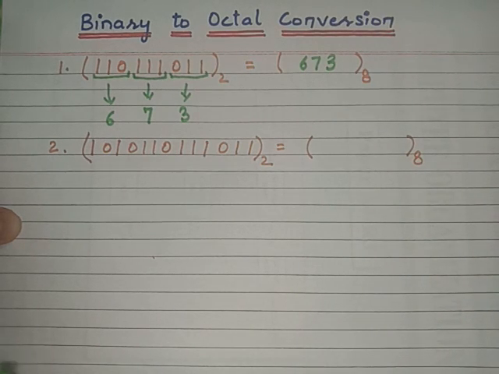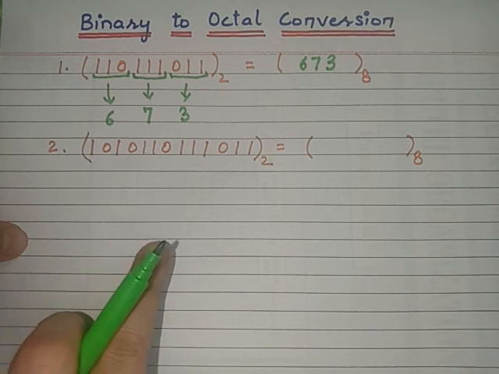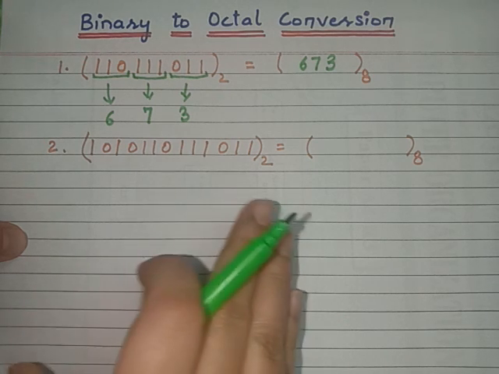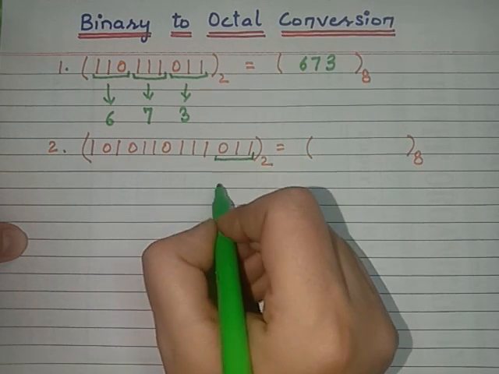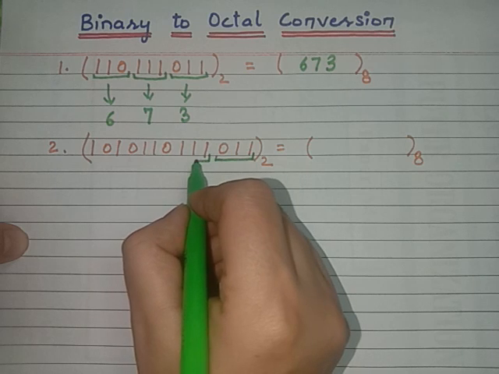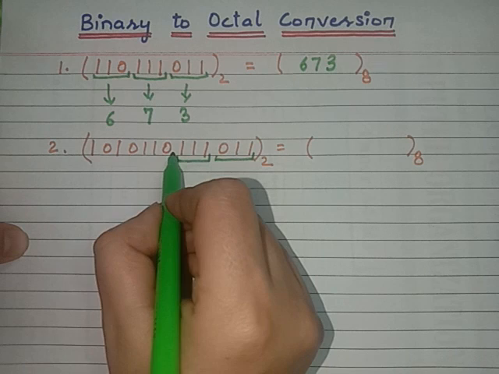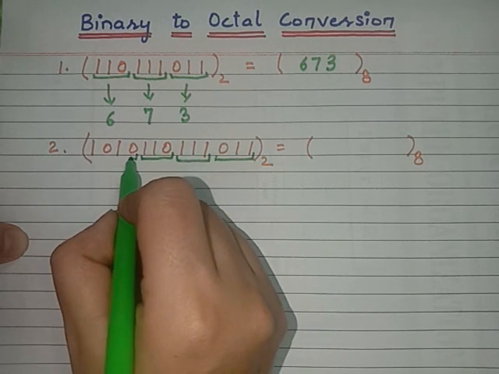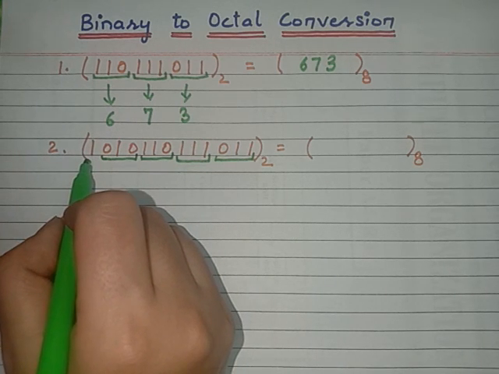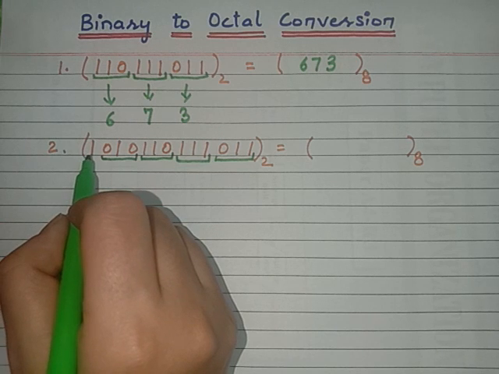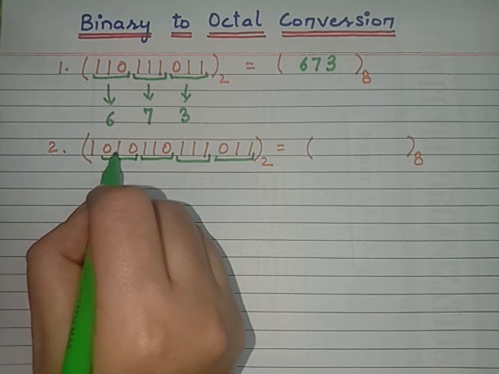Again, first of all we are going to make the groups of three digits, and definitely we are going to make the groups starting from the right hand side always. So this is the first group, and the next three bits will be included in the next group, and a group here, it is a group. And now you can see that at the very left end of the number we are left with only one digit, but we have to consider three digits in a group.